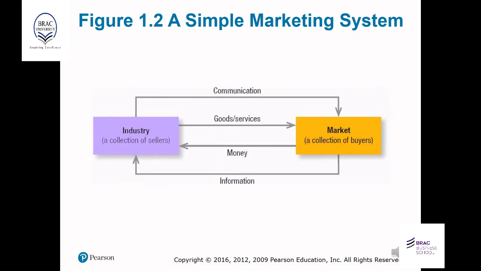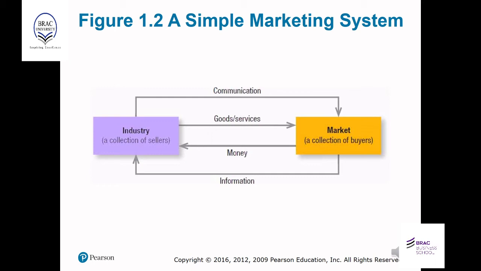This is a very simple marketing system. There should be a company or a group of companies known as an industry, and there will be a group of buyers. The industry wants to sell the products or services to the market, that is the buyers, and the markets have to pay money against this product and service.